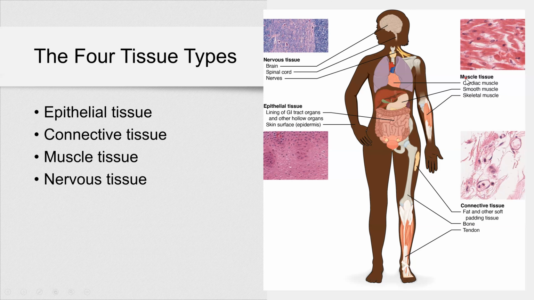Muscle tissue you will find, of course, in your skeletal muscles, in your heart, and in the walls of hollow organs as well. We have three different types of muscle tissue that we will cover in this chapter. Connective tissue examples would be your fatty padding tissue, your bone, your tendons, and even blood is a type of connective tissue.